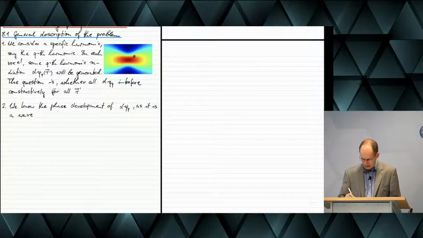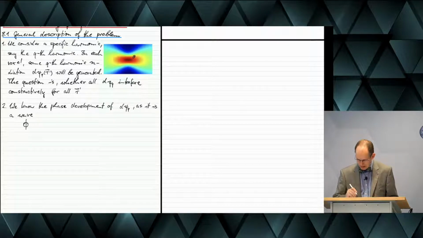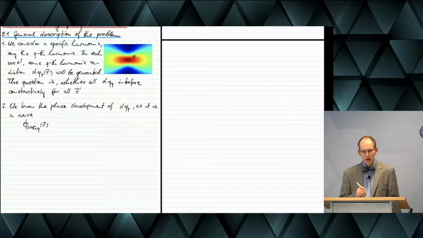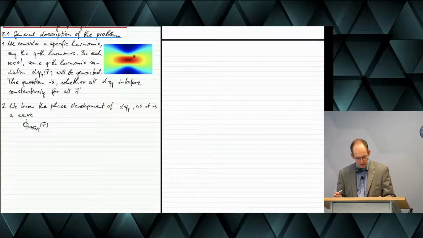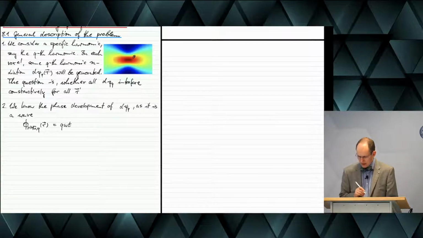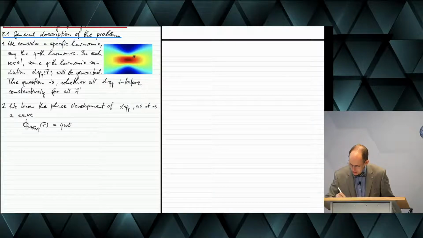So what we know is that this phase phi of this high harmonic q at some point, at some distant point, say a screen or something like that, is given by q times omega times t, right? So omega, this is the fundamental of the laser.